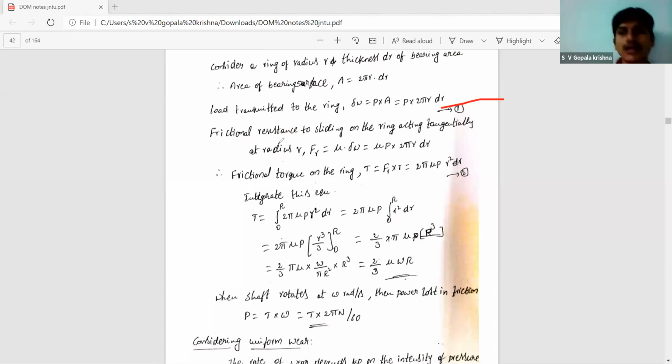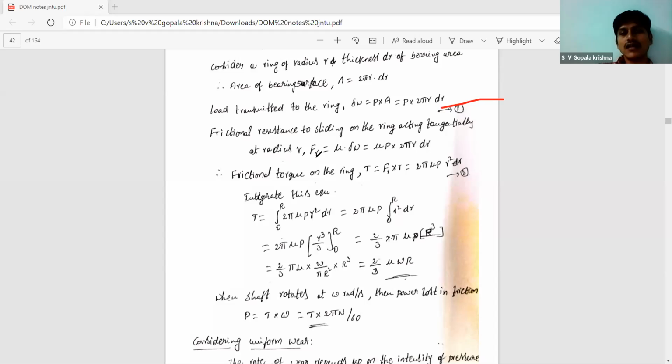Similarly, we take the frictional resistance to sliding on the ring, acting tangentially at the radius. That is Fr, the frictional resistance on the ring, with normal reaction Rn.